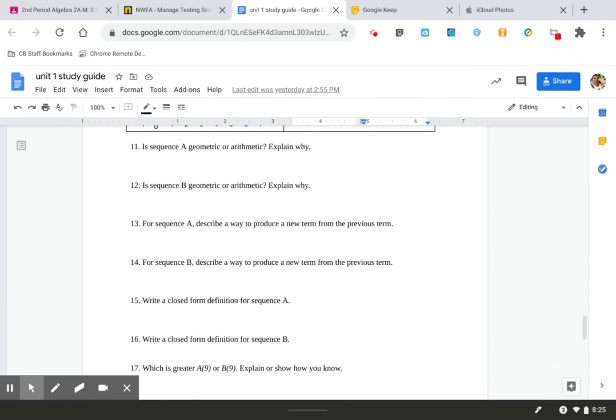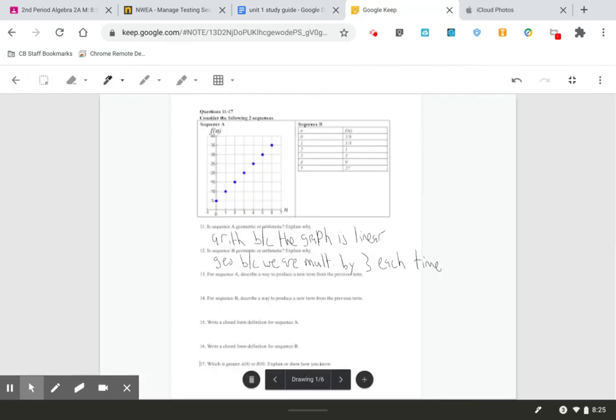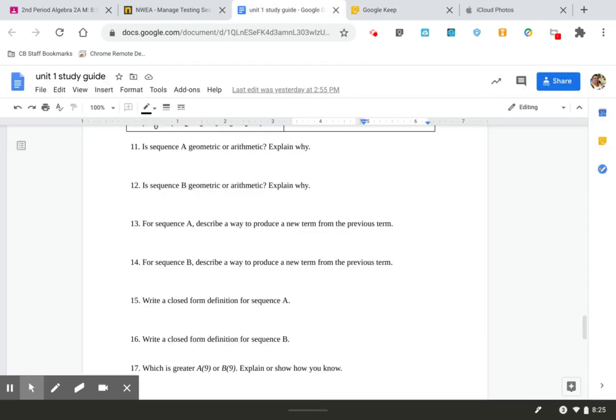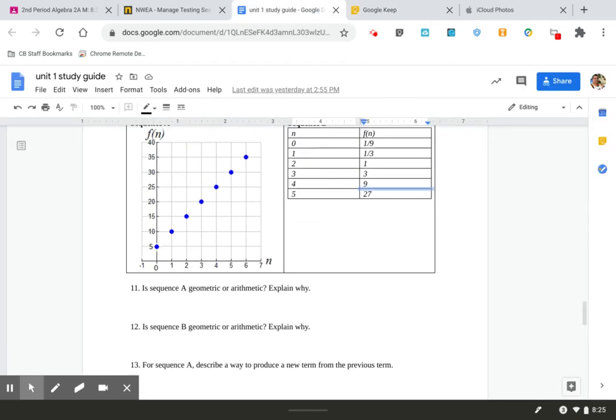For sequence A, describe a way to produce a new term from the previous term. Okay, so that means write the recursive. New term from the previous term means write the recursive. So what is my starting term for sequence A? My starting term looks like it's 5.